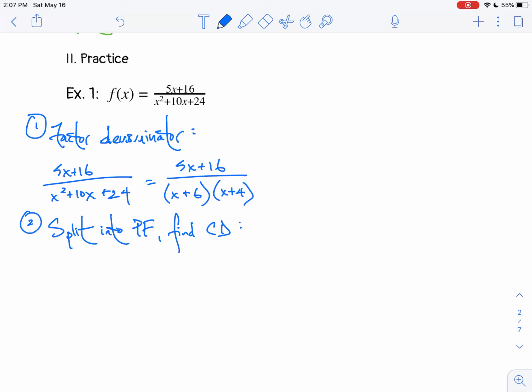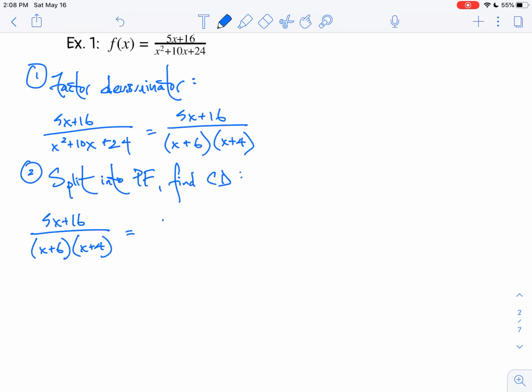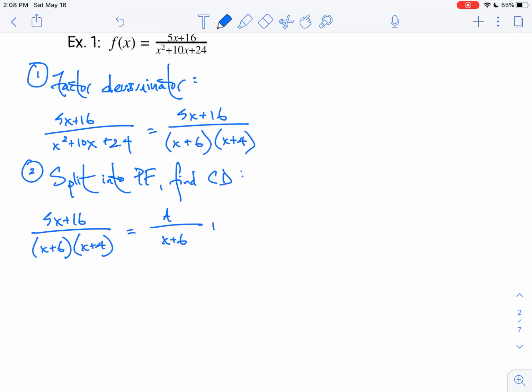Okay, so let's see what that gets us. 5x plus 16 over x plus 6 times x plus 4 is going to equal, well, both of these factors are linear on the bottom, so we're going to have a over x plus 6, so we need a constant, plus x plus 4 is linear as well, so I need a constant on the top, b.